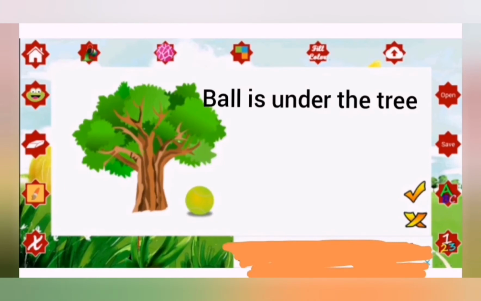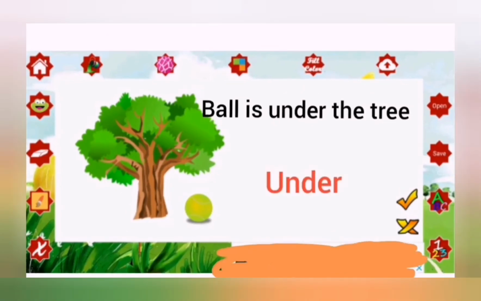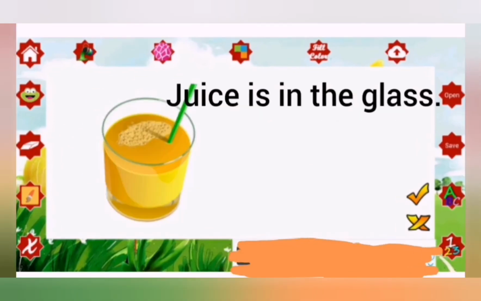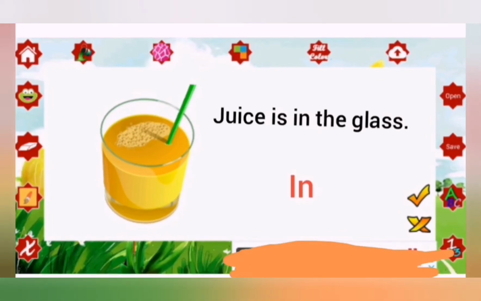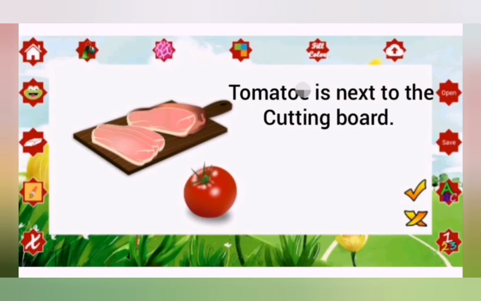Ball is under the tree. Here, under is a preposition. Juice is in the glass. Here, in is a preposition. Tomato is next to the cutting board.